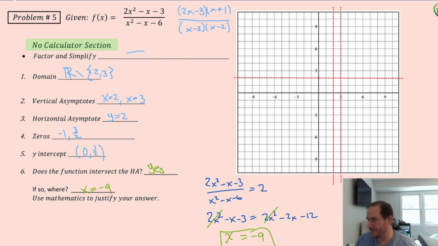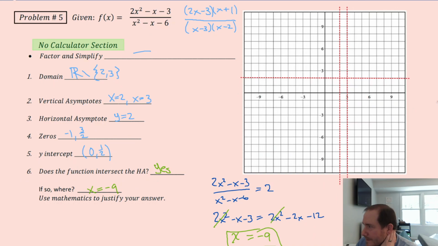Alright, there's your asymptotes. Now we plot other points. So the zeros are at negative 1. So there's an x-intercept there. 3 halves is 1.5. That's here. I don't like that one bit. And the y-intercept is a half.